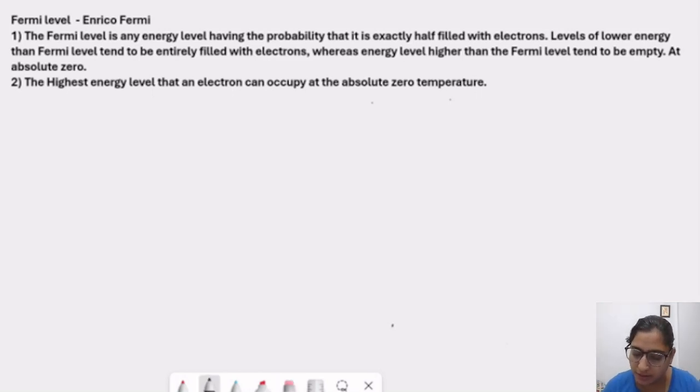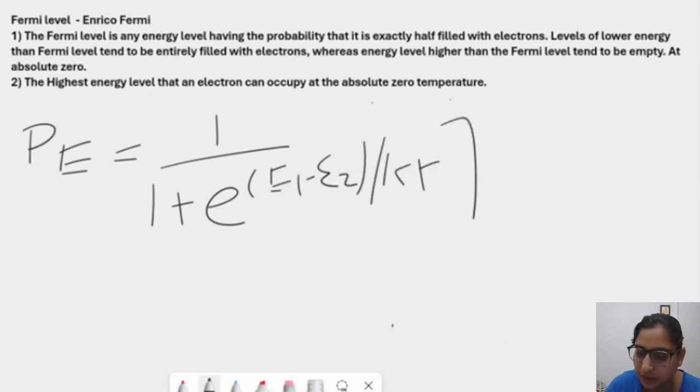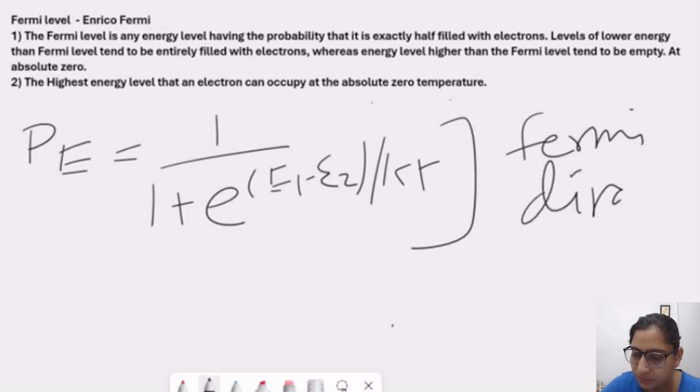Now first discuss definition 1. According to definition 1, first we will discuss the Fermi Dirac distribution function, which is nothing but 1 upon e to the power (E1 minus E2) divided by kT. Now this is nothing but a Fermi Dirac distribution. Here, Fermi is one scientist name, Dirac another scientist name.